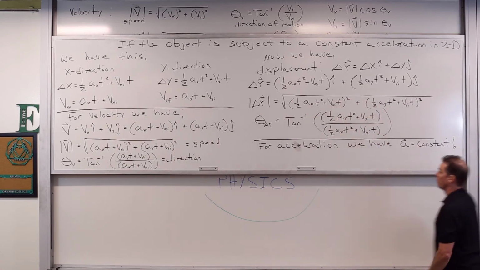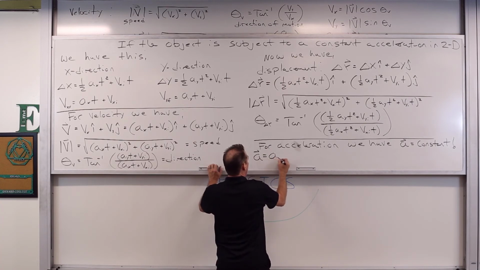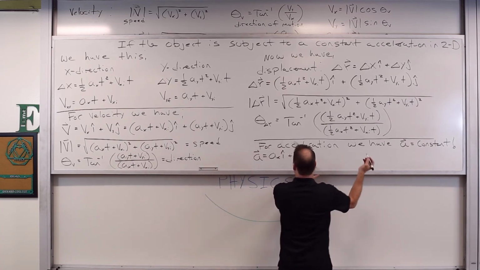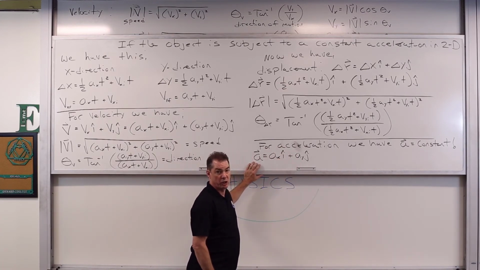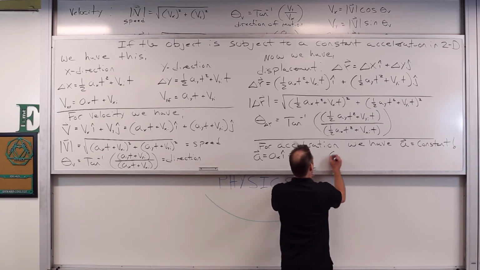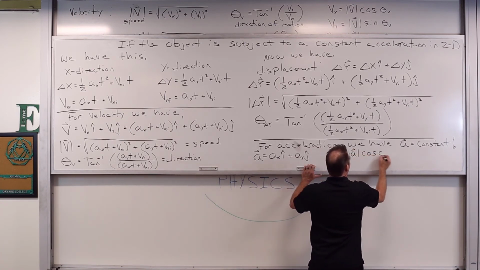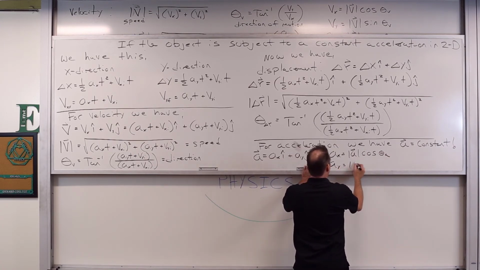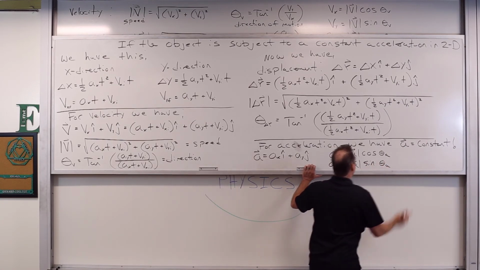Well, if a hat is equal to a constant, we have that a hat is equal to some a x i hat plus some a y j hat, and we can get those x and y components based upon the magnitude and the direction of the acceleration. A sub x is equal to the magnitude of a times the cosine of theta sub a, and a sub y is equal to the magnitude of a times the sine of theta sub a.